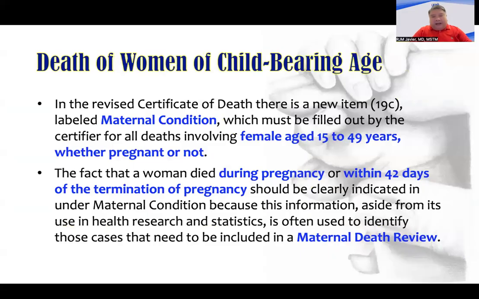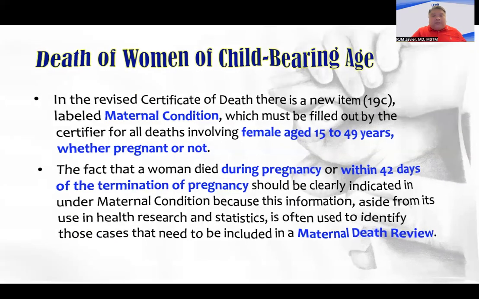Now, another issue is you need to identify the certificate of death for maternal conditions. So for every woman age 15 to 49, regardless of whether they're pregnant or not, you need to accomplish the maternal condition. And the fact that the woman died during pregnancy or within 42 days upon the termination of pregnancy should also be indicated in the maternal death review.